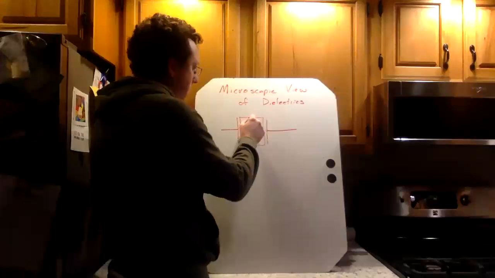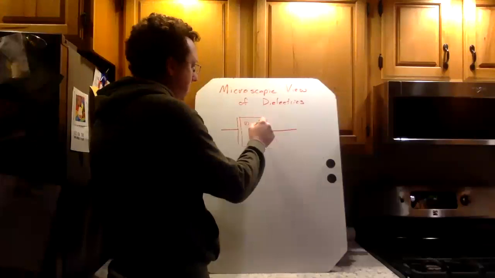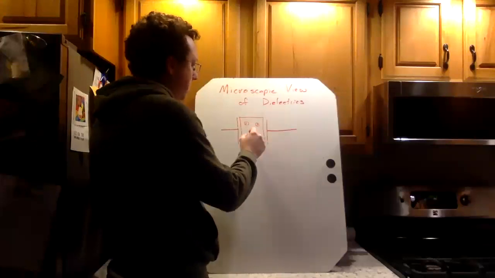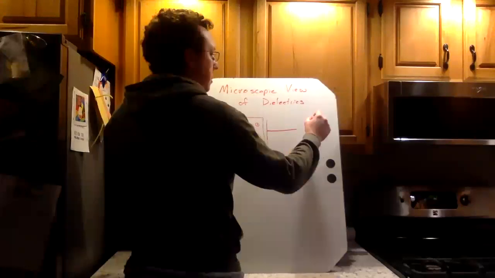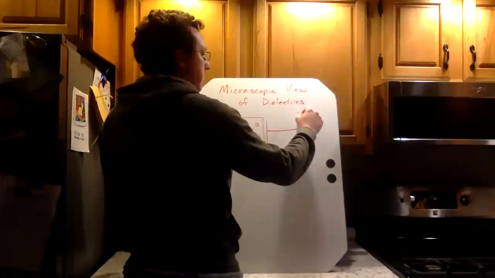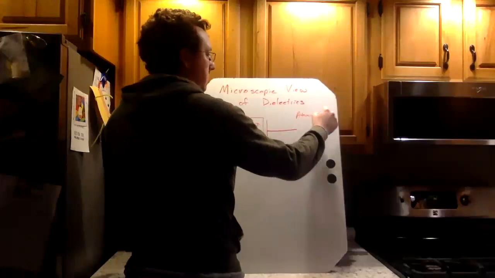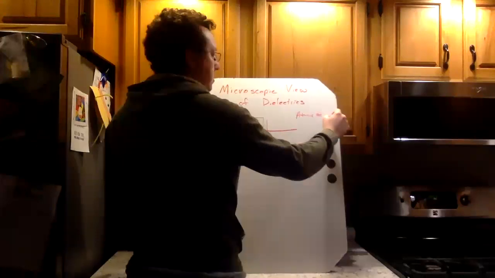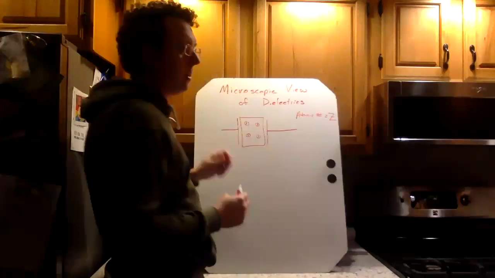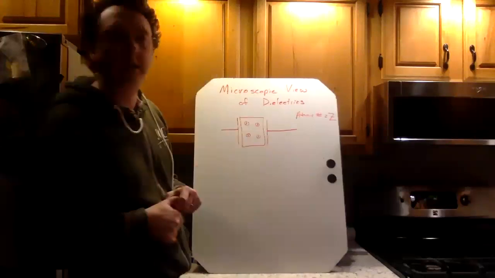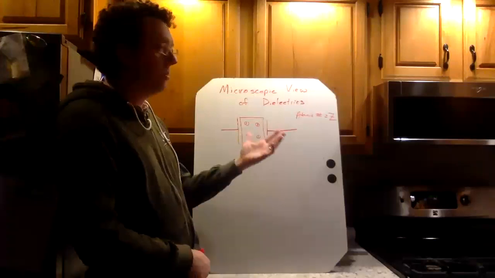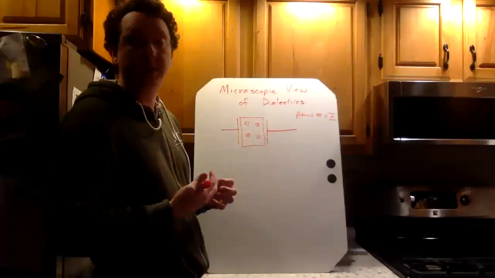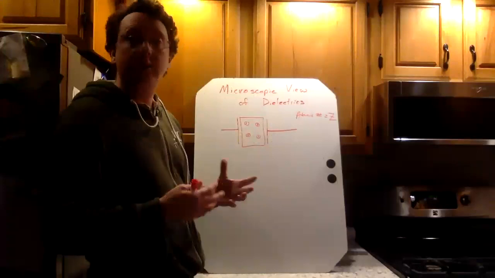We'll model them as little spherical balls. Let's say the atomic number is Z. The atomic number tells you the number of protons in a nucleus, and in a neutral atom, it also tells you how many electrons there are.